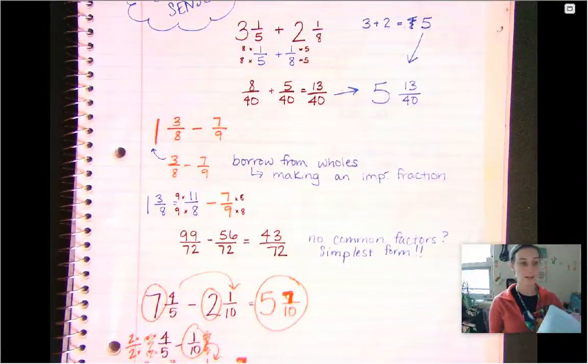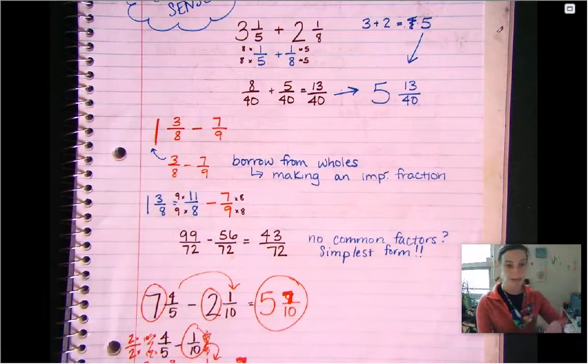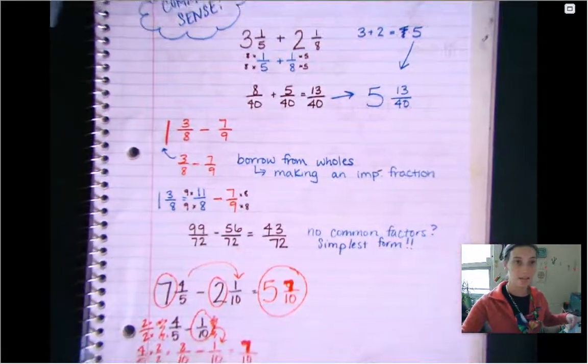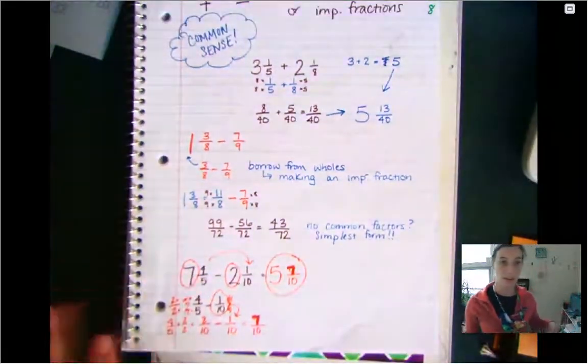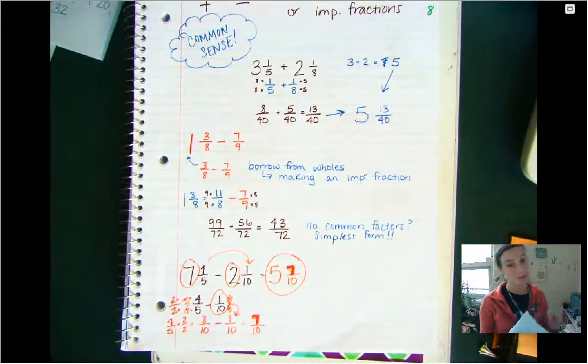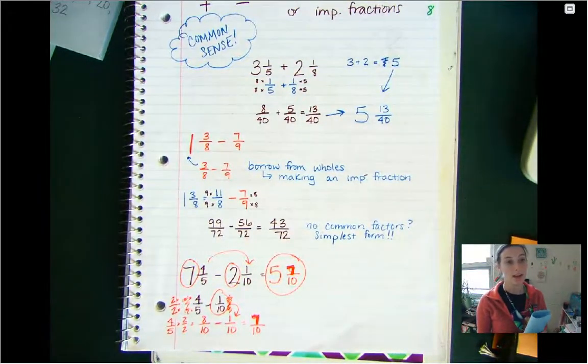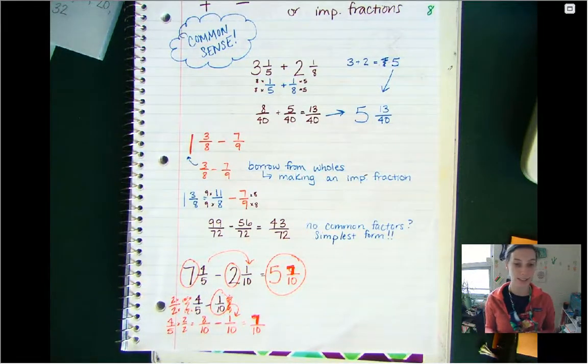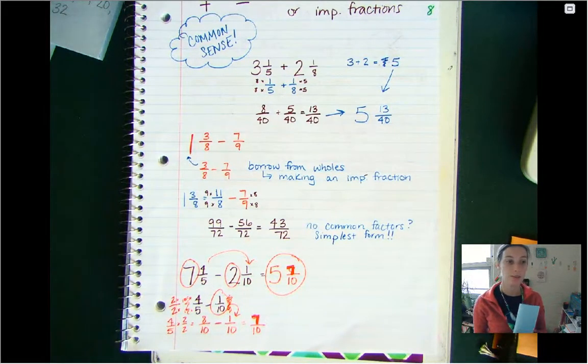So when we add and subtract these, we have to just use common sense, right? Like if I can just add the whole numbers and then add the fractions, I should do that, not forgetting about common denominators. Sometimes I might have to borrow from the whole, in which case I can turn my wholes into improper fractions and do it that way. This can be tricky for people because it's not always very straightforward.